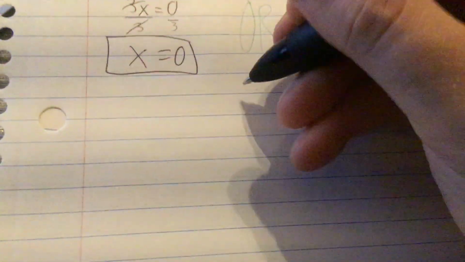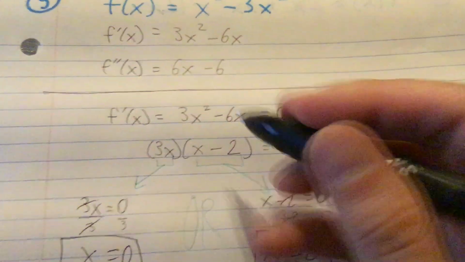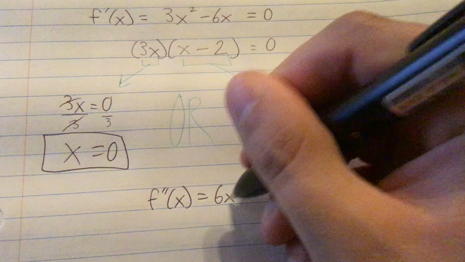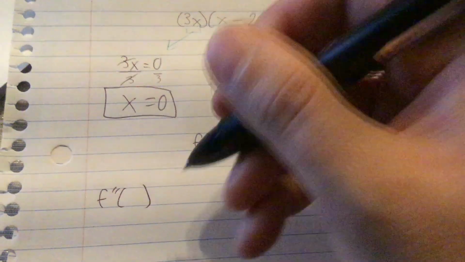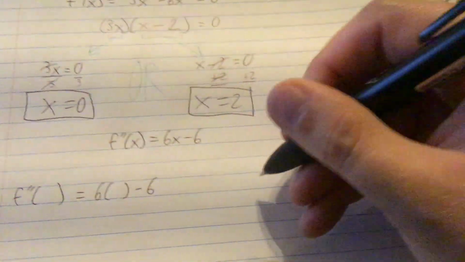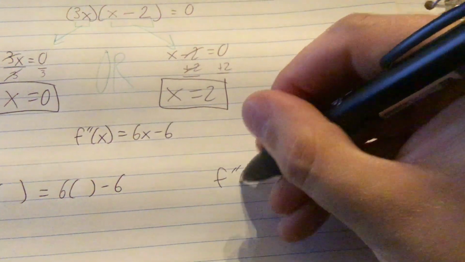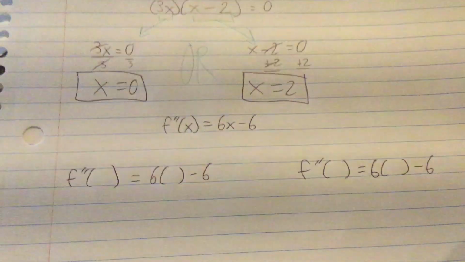Okay, so what we do now is determine whether f double prime of x is equal to 6x minus 6. But now we're going to plug in f double prime of 0 and f double prime of 2. Let's start out with 0.